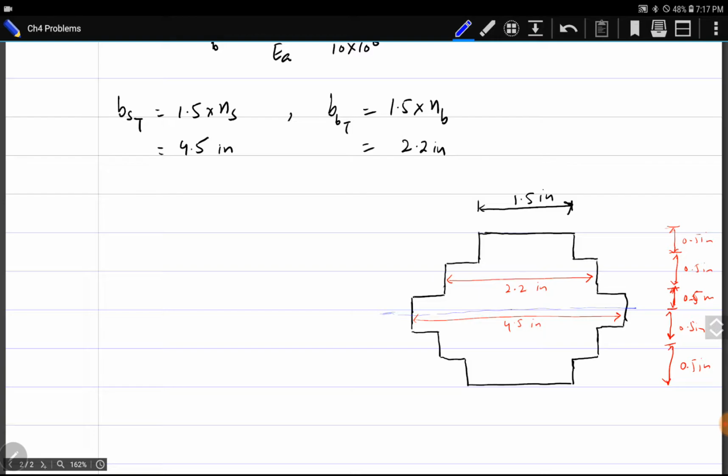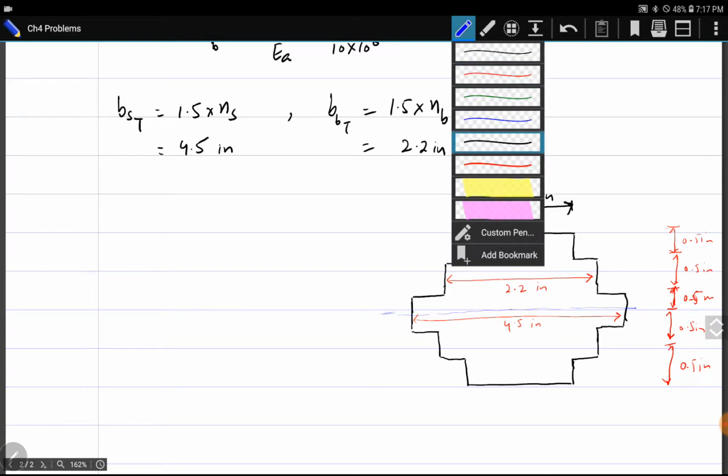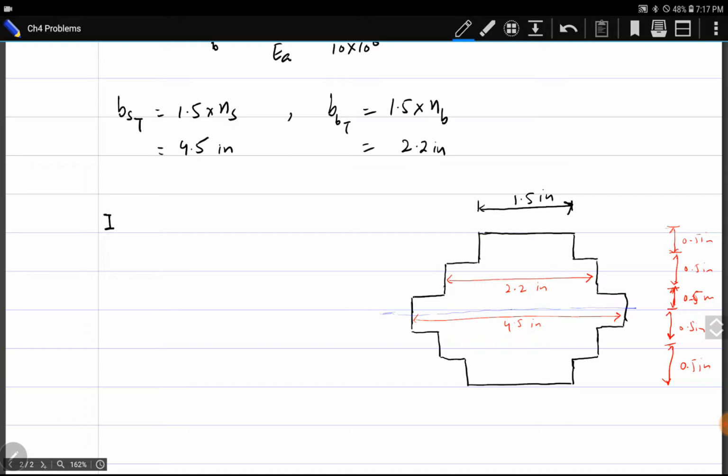So total I, we will call it area 1, area 2 and area 3. I is equal to 2 times I of area 1 plus 2 times I of area 2 plus I3, because area 1 and area 2 are repeated twice, at the top and at the bottom.